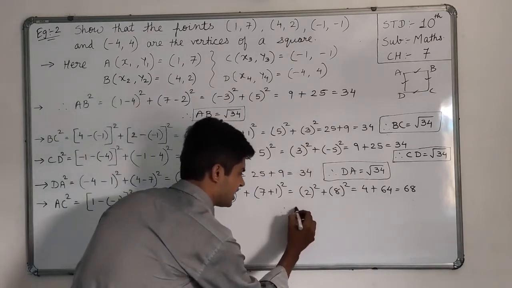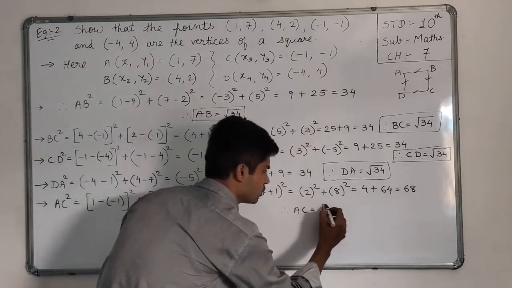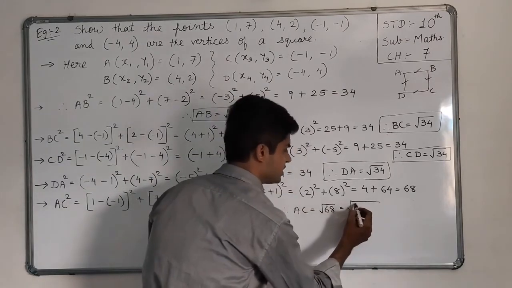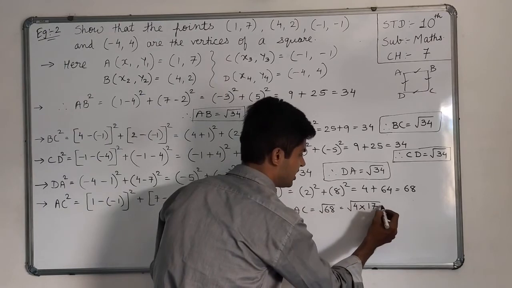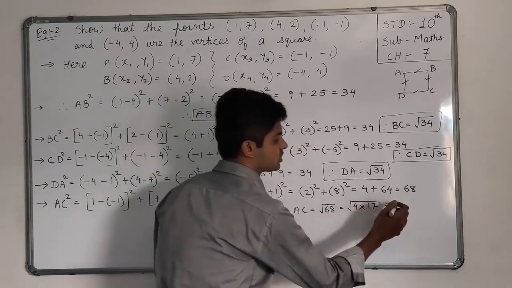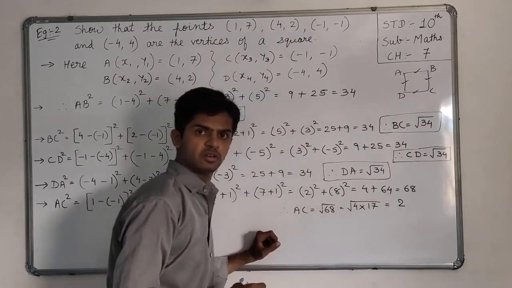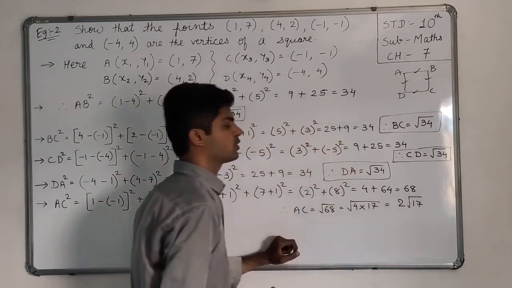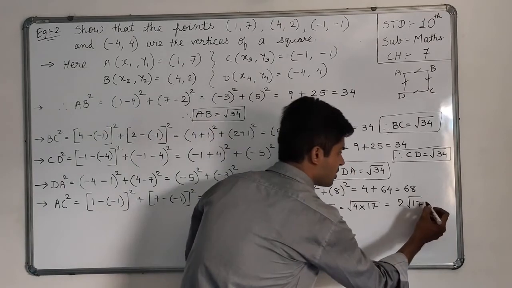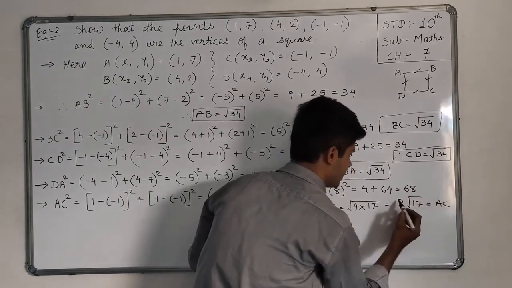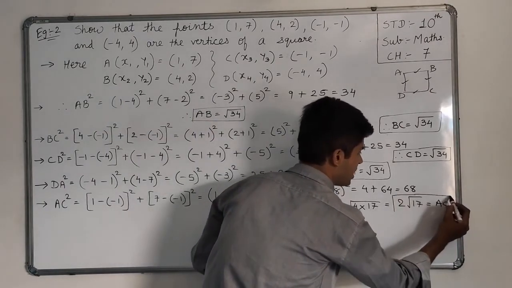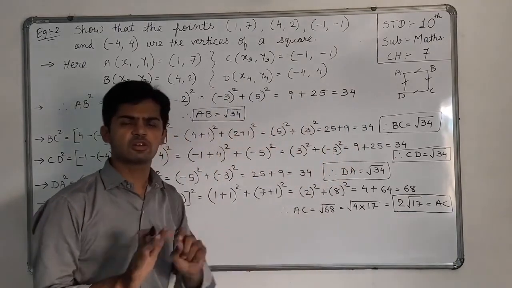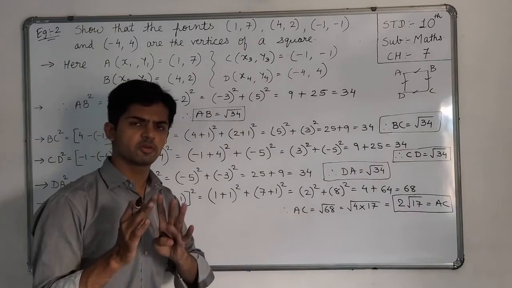Therefore AC is equal to root 68, and root 68 can be written as 4 into 17, out of which the square root of 4 is possible, that is 2, and 17 का root नहीं possible, so we are going to write here root 17. We got our answer of AC, AC का आंसर हमें मिल गया, क्या मिला, 2 root 17. If you write 68 only there also there is not any problem and you will get full marks.